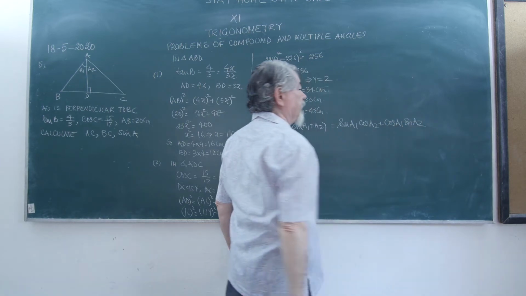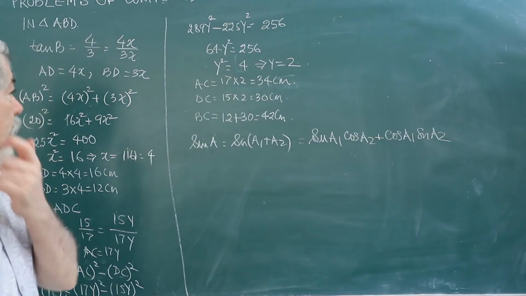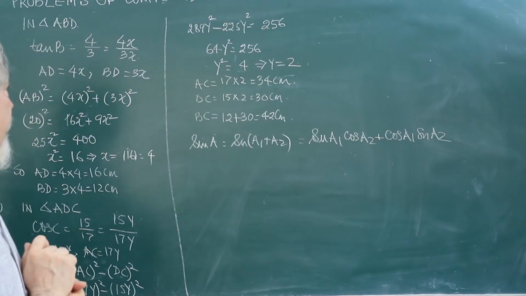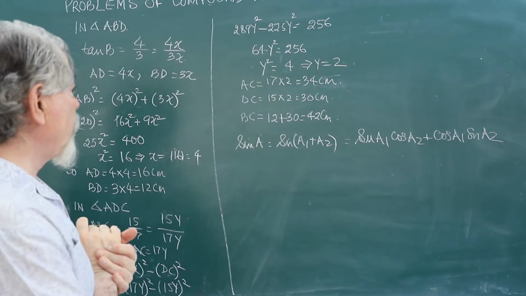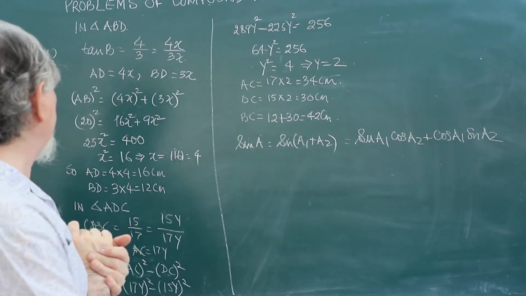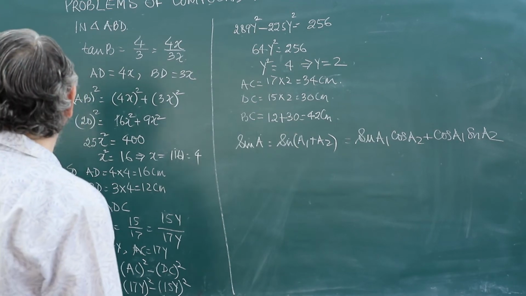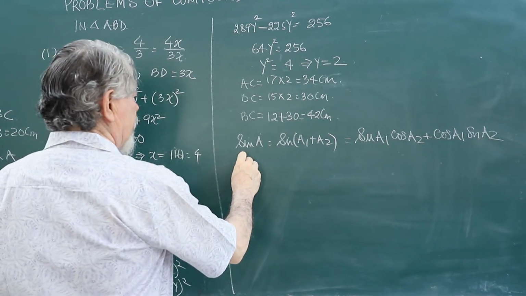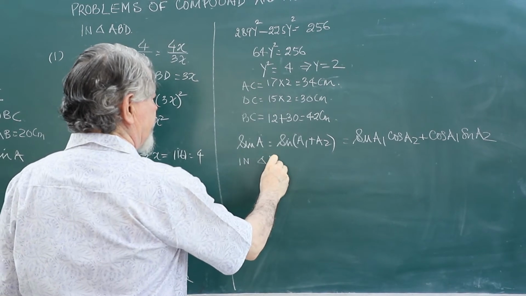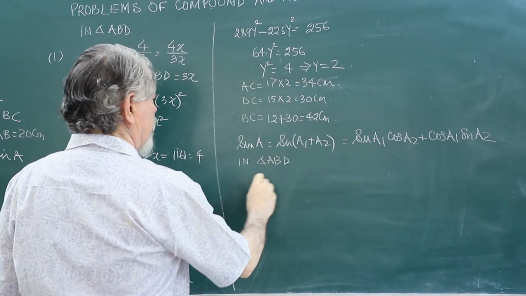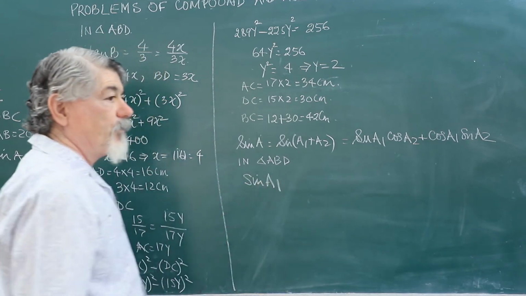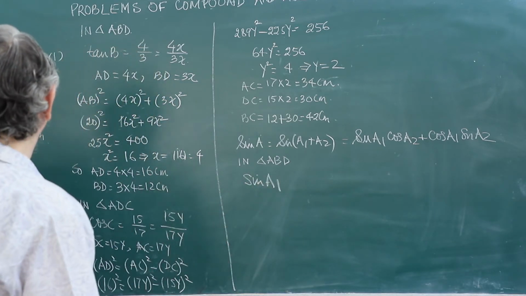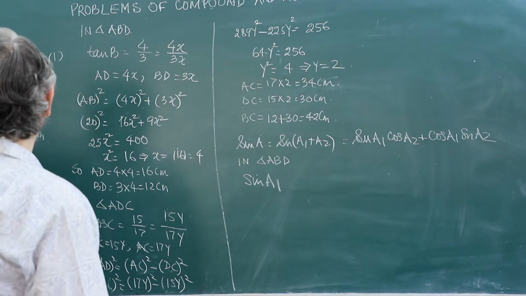Sine of A plus B is sine A cos B plus cos A sine B. We have to find out the values of sine A1, cos A1, sine A2, cos A2. If you look into triangle ABD, sine A1 is perpendicular upon hypotenuse, BD upon AB.